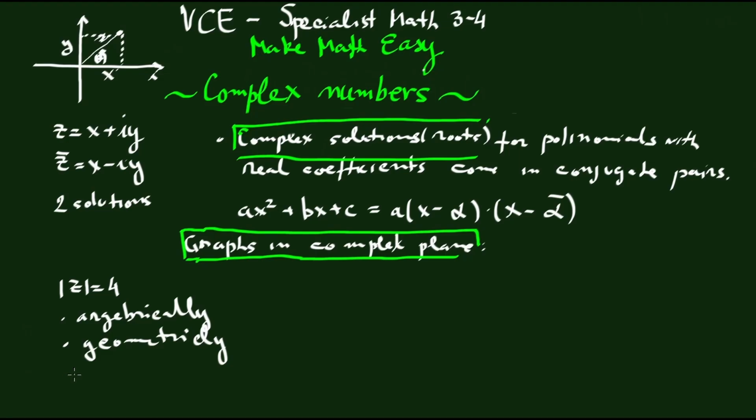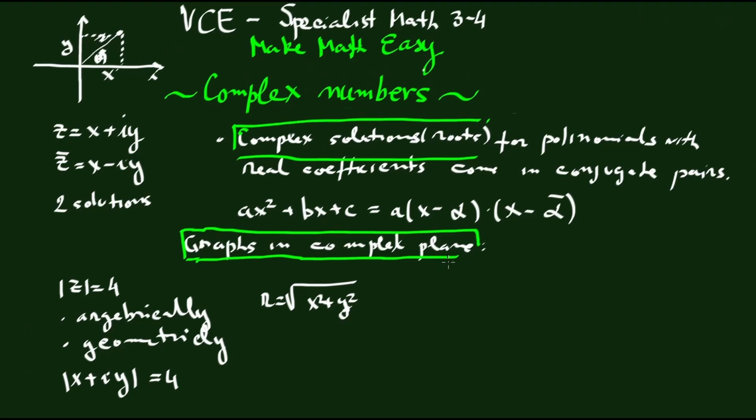So what we know is that we can write it in expanded form, and it's 4. What's this modulus here? The modulus represents the distance. That's our r. Remember, we said that our r is the square root of x squared plus y squared.